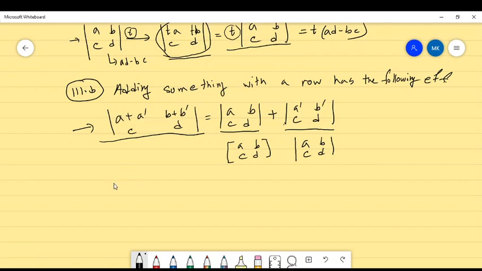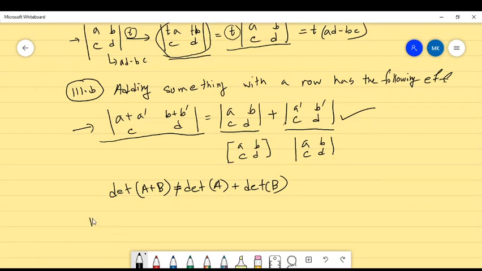I cannot write that the determinant of A plus B is equal to the determinant of A plus the determinant of B. No, this is completely wrong. The determinant doesn't work linearly, so it cannot have the same effect as with the rows. The linearity is only true for the rows.